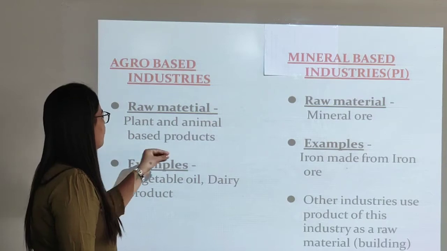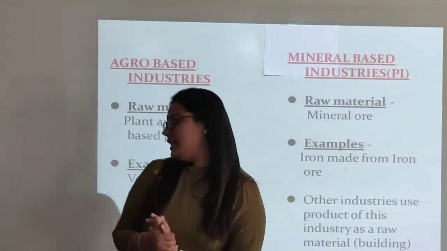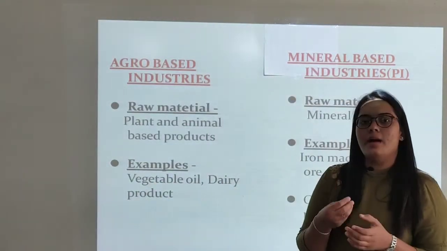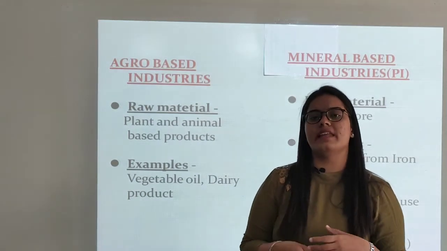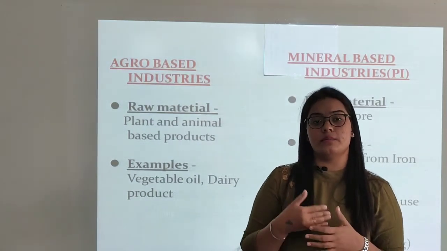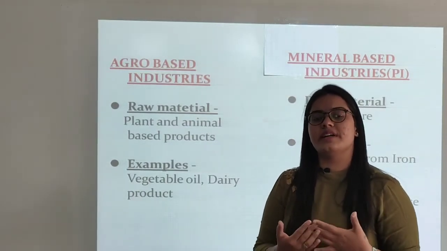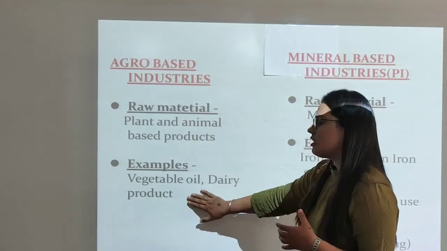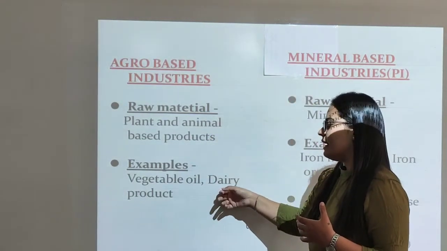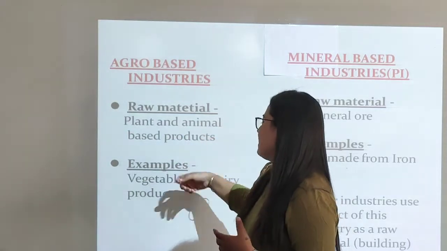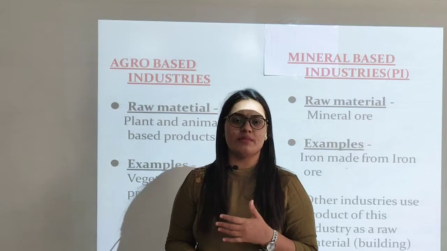Suppose, for example, the dairy industry uses milk from cows and buffaloes and makes a final product, and from that they also make byproducts, like curd, cheese, butter, ghee, etc. These are the other products that are made from animal based products in the dairy industry. Vegetable oil: plants and animals are also used to extract vegetable oil.